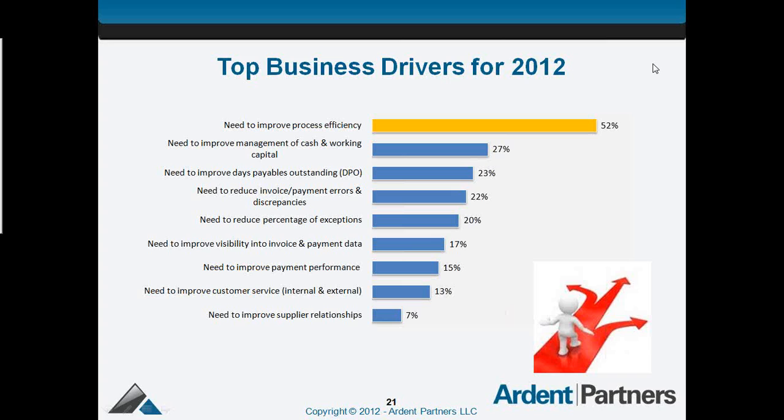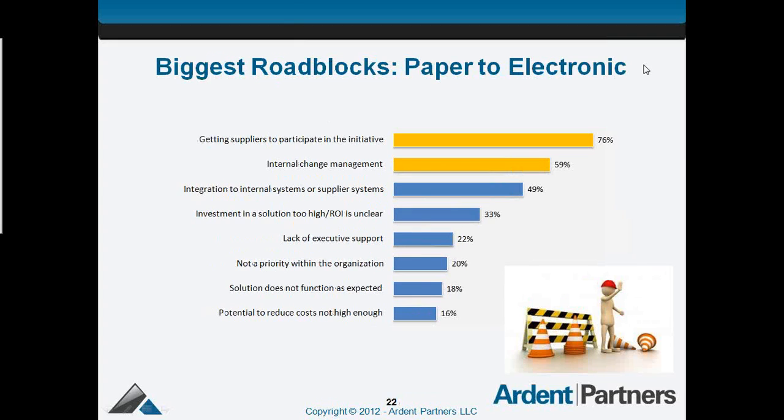So what really is the problem, and what we find as the biggest roadblock to automation, and we looked at one level of automation here, and we asked the question of what is the biggest challenge to migrating from paper to more electronic forms of invoicing.